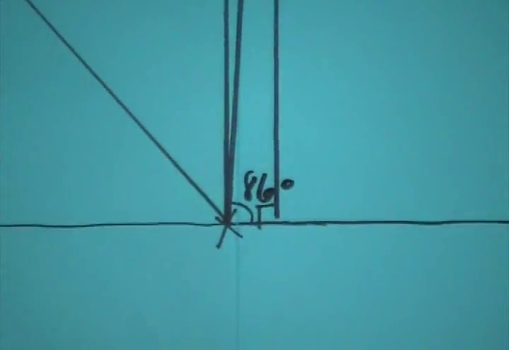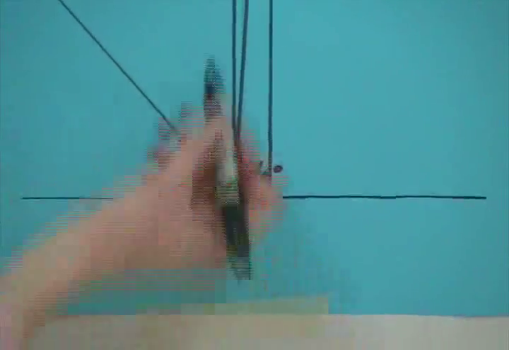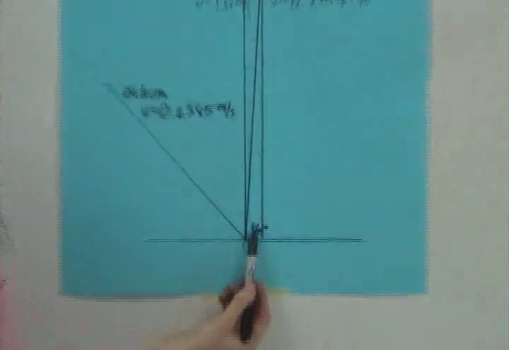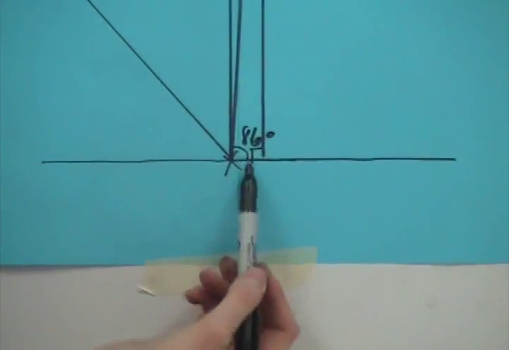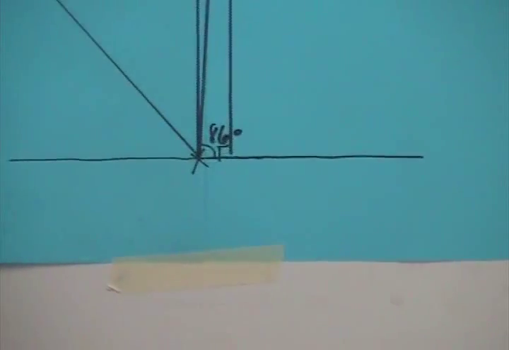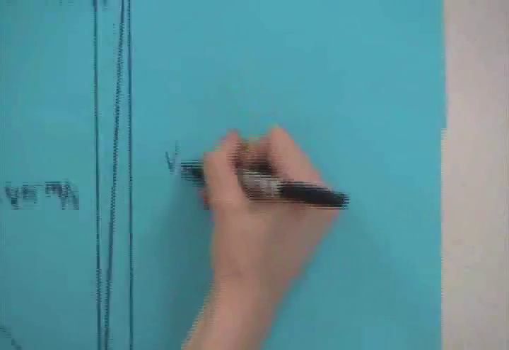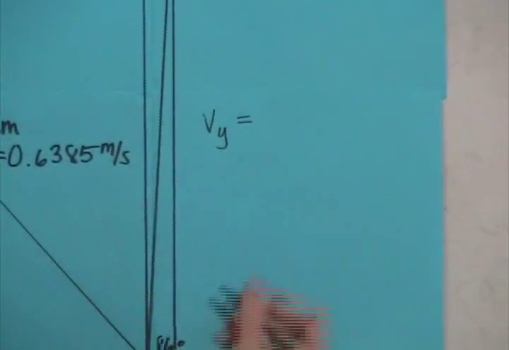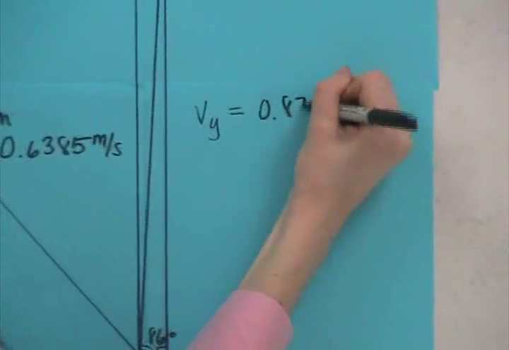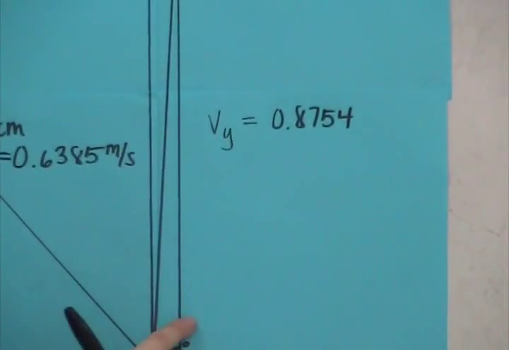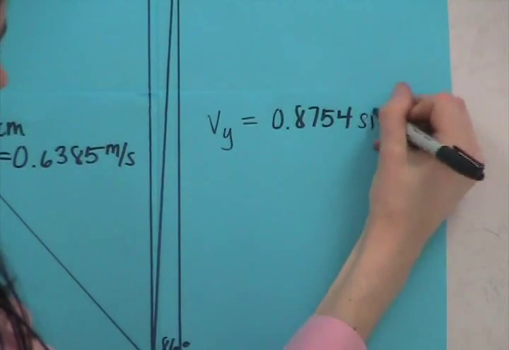So we'll use that. Our hypotenuse in this case is that velocity, and to figure out both your y and your x component, you'll be using trig. So for our y component, we'll have velocity in the y direction equals our hypotenuse times, when we find the opposite component, we're always using sine.